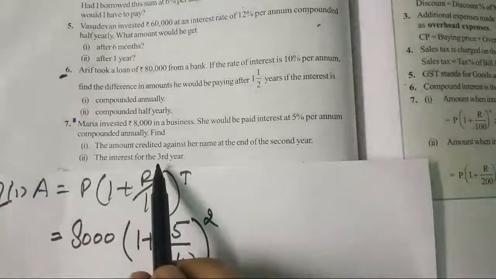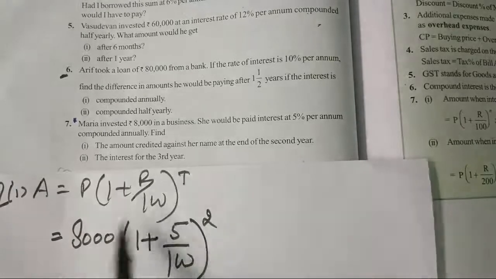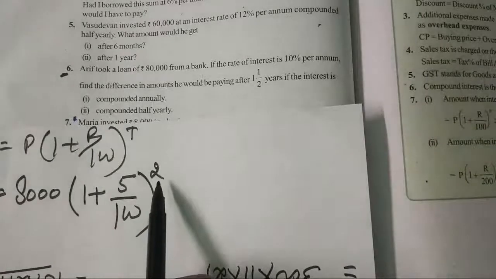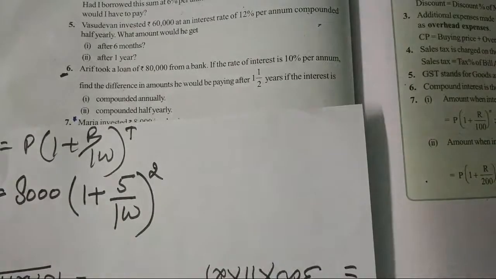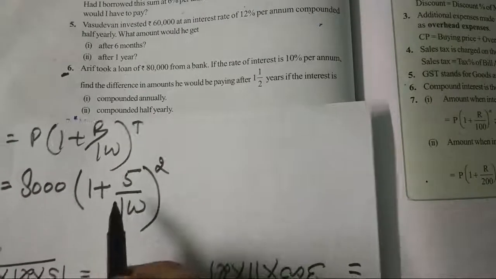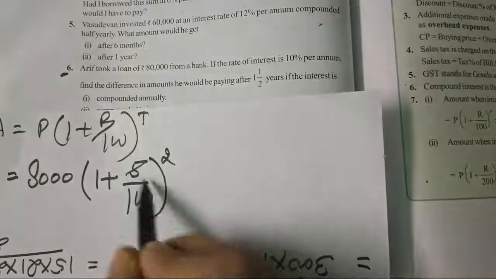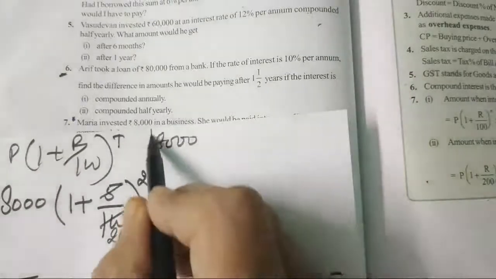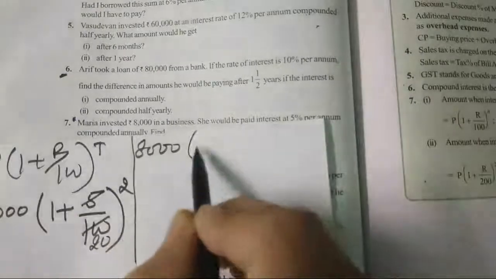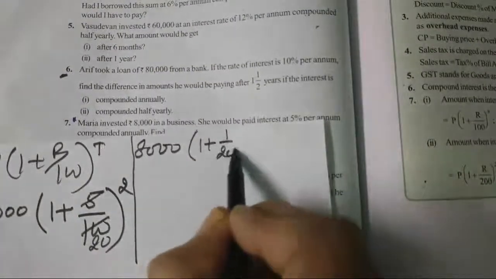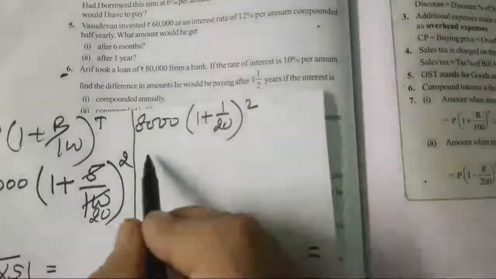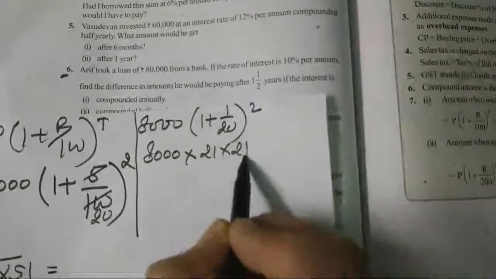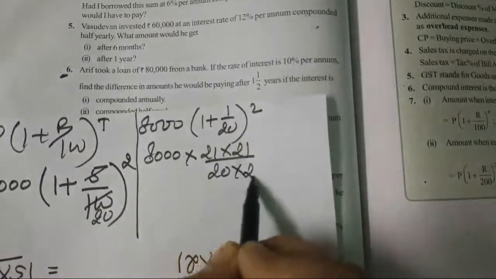Then the interest for the third year. Interest for the third year means after 2 years, what will be the interest in the third year? So what you can do is, you can calculate. In this you will get the amount. So when you solve, it will give you 8,000 into (1 plus 1 upon 20), power is 2. So when you simplify, it becomes 8,000 into 21 into 21 upon 20 into 20.